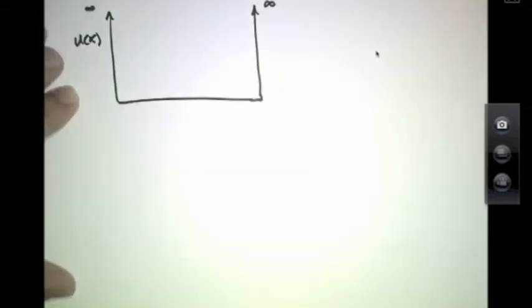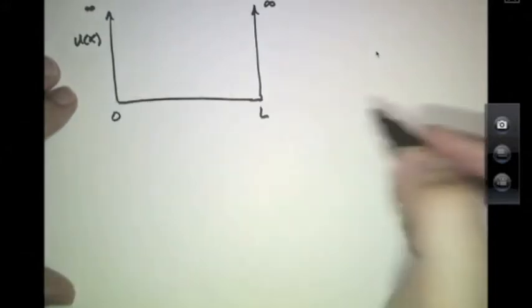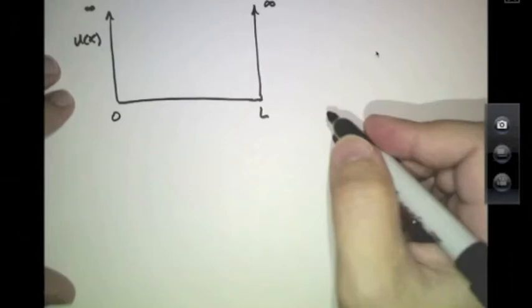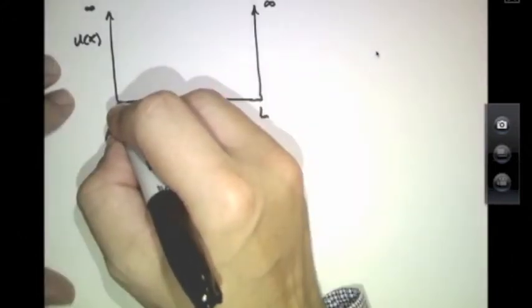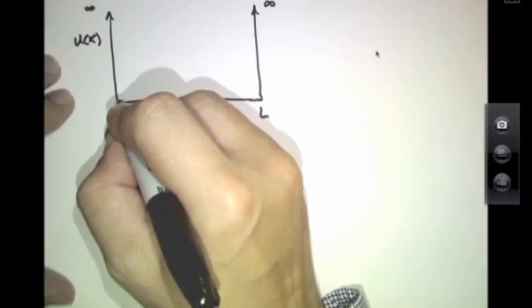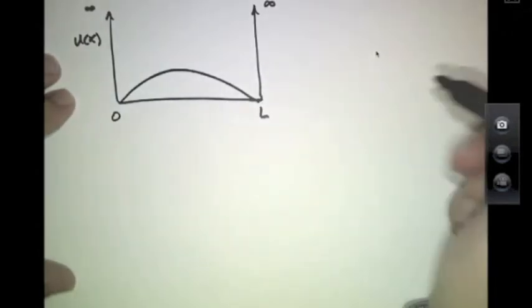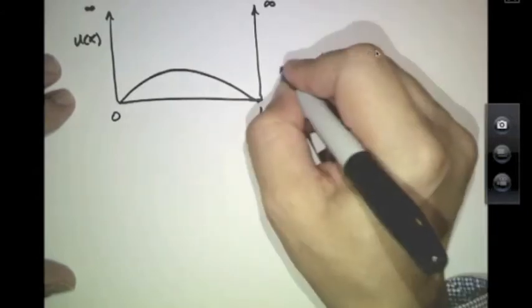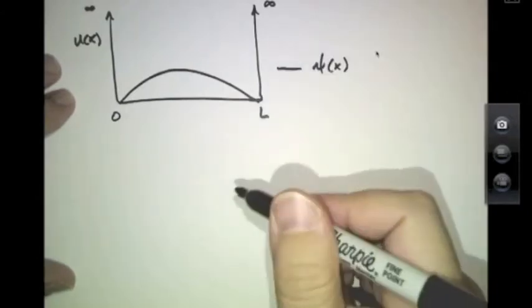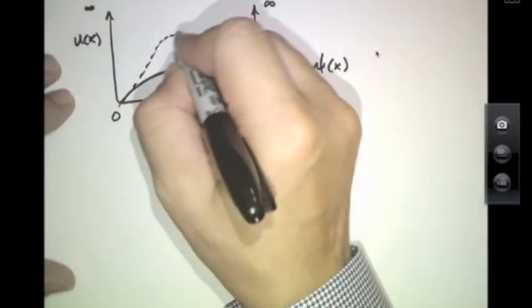This represents the potential that goes to infinity below 0 and above L. The lowest ground state is just sine of pi x over L. So it's going to look like that, where the wavelength is approximately 2L. But the probability density is going to look a little bit more sharply peaked because it's the square.